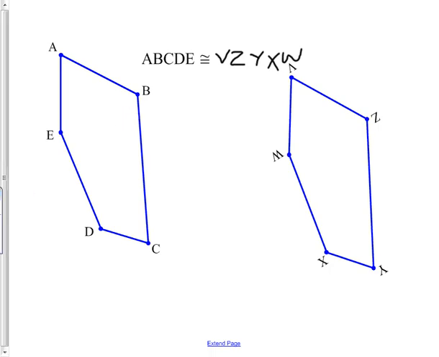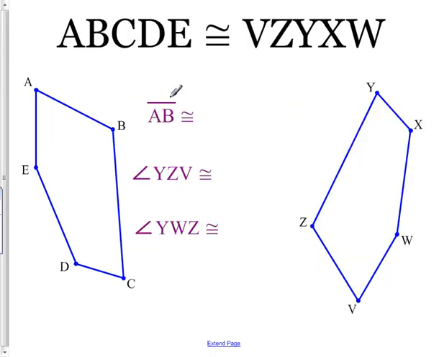So if we know this is true, then AB would be congruent to what side over here? One of the tricks is if you're given a congruent statement, A, B, C, D, E is congruent to V, Z, Y, X, W, and it asks what AB is congruent to, you don't even have to look at the pictures, because A and B are the first two letters, so AB would be congruent to VZ.